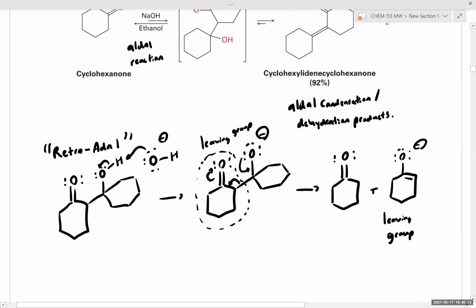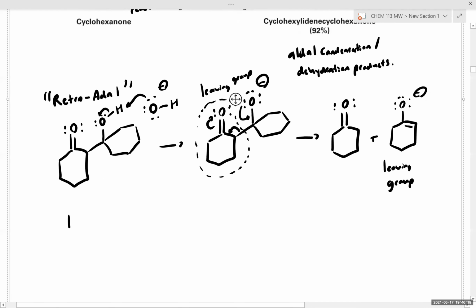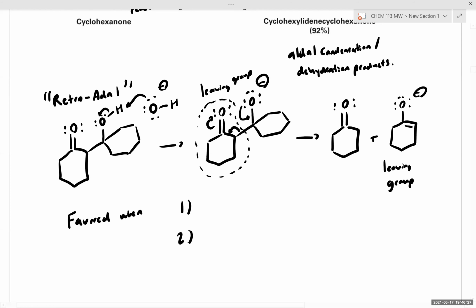Okay, and just as a reminder, let's refresh ourselves on the two main cases where retroaldol is favored. So it's favored when what? What are our two cases? You can use equilibrium arrows, but in this case, the retroaldol reaction heavily favors this desired retroaldol product.